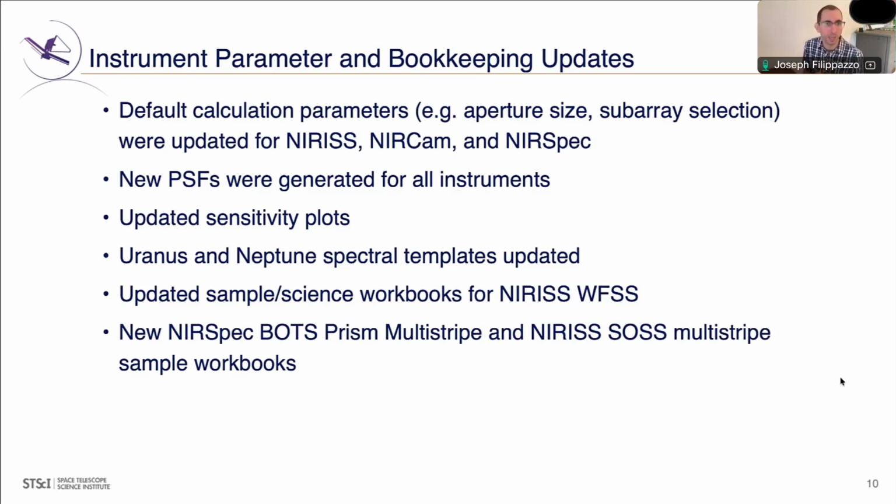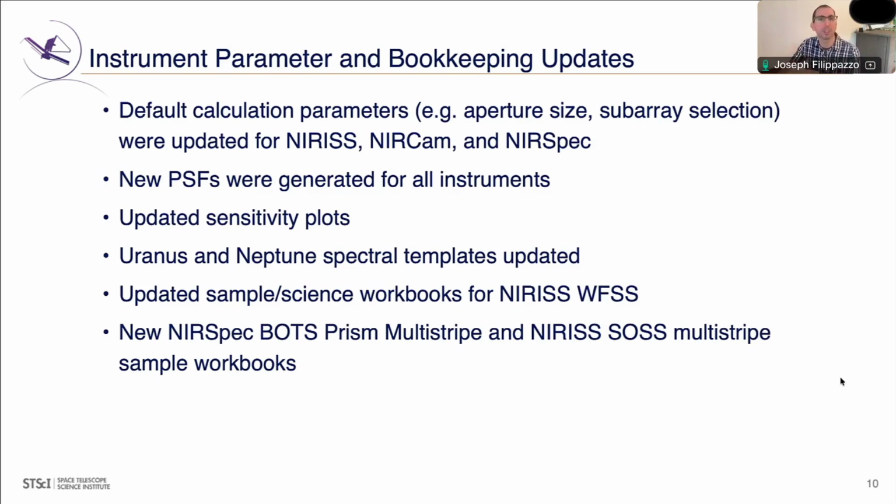Also, with a new release of STPSF, which generates the models, the PSFs, for all of the instrument modes on JWST, we've used the new PSFs and generated our own new PSF library for all of the instruments for JWST, and these are now available.